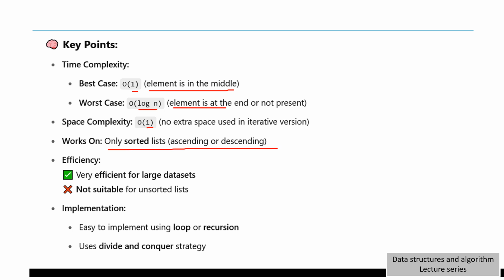This is the limitation. Efficiency: very efficient for large data sets, but not suitable for unsorted lists. It is easy to implement using a loop or recursion. It uses the divide and conquer strategy. These are the key points to remember.